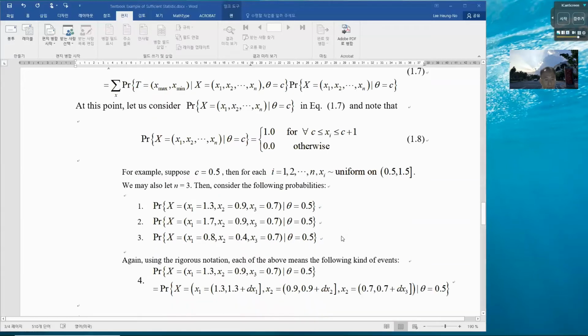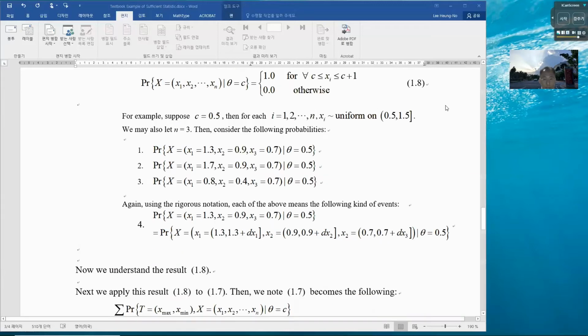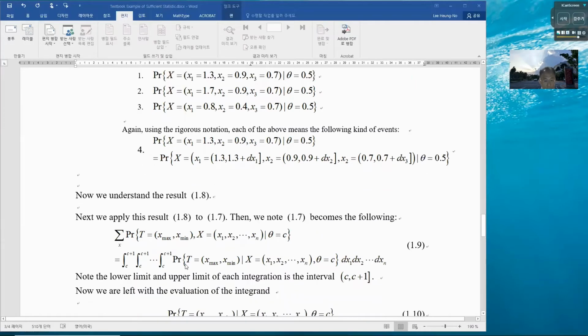Now we consider this one. Before we consider that, what I have done here is we apply this 1.8 into 1.7, then 1.7 becomes this. So the second part is 1 over this interval. It is 0 outside of this interval.